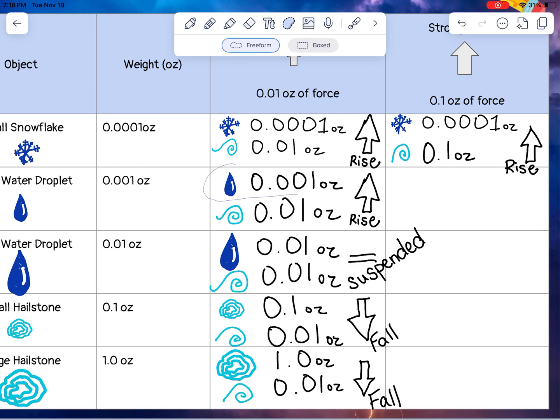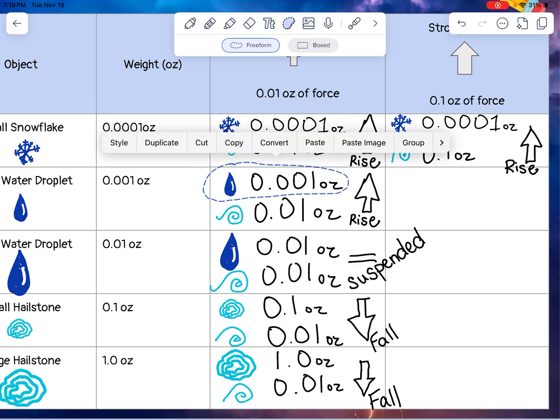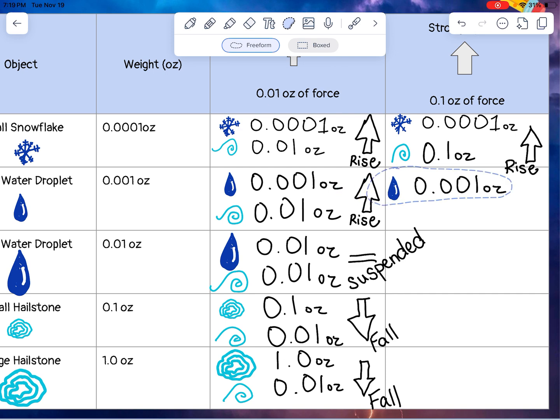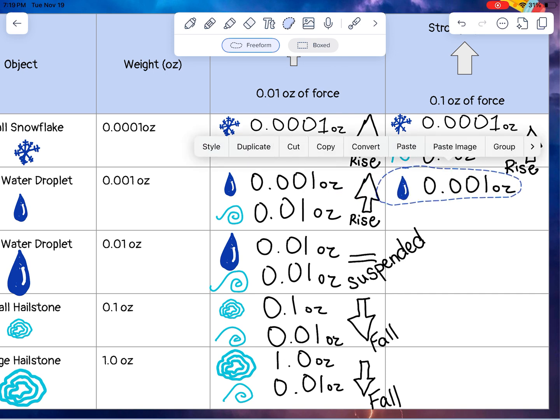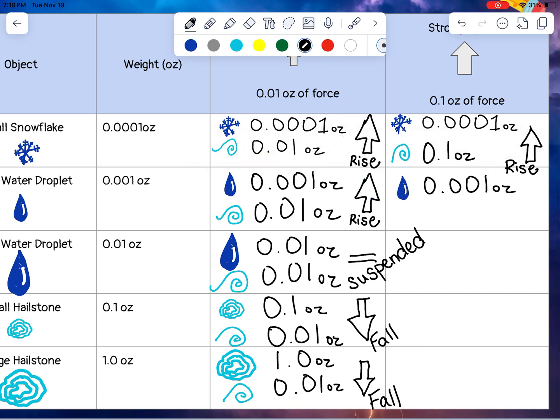Our small water droplet, when compared to the force of our strong updraft, 0.1 ounce of force. 0, 0, it's a tie. 0, 1, aha, the updraft wins again.